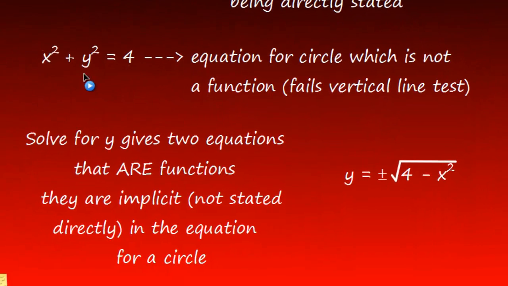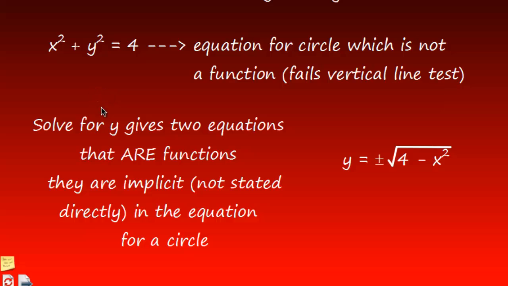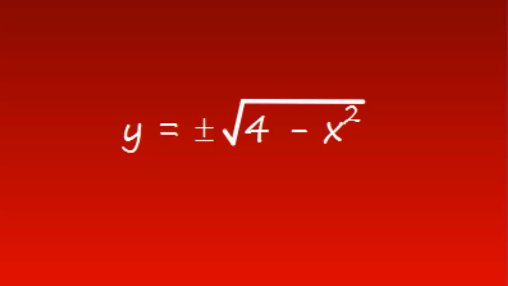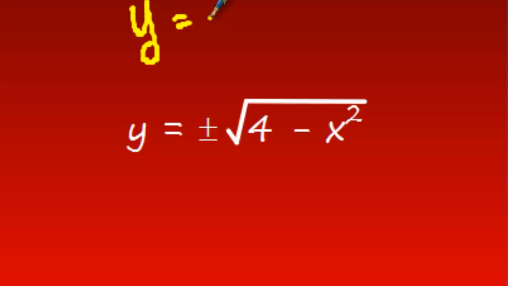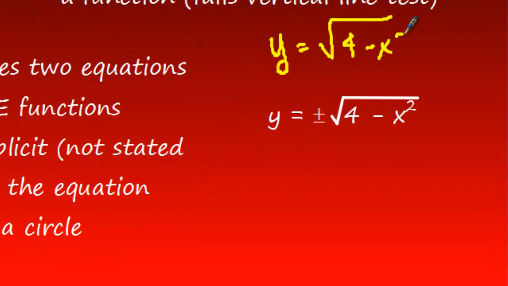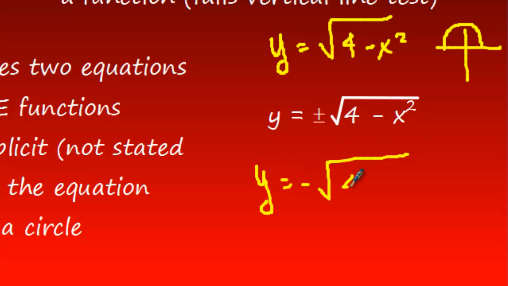However, if we solve this equation for y, we can actually get two functions that are implied by this relationship. So if we solve for y, we get y equals plus or minus the square root of 4 minus x squared, and both are functions. We have y equals the positive square root of 4 minus x squared, which would be the top half of the circle, and that does pass the vertical line test. And you also have y equals the opposite of the square root of 4 minus x squared, which would be the bottom half of the circle.